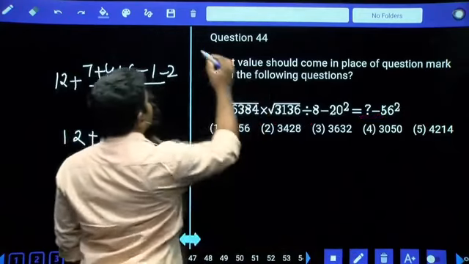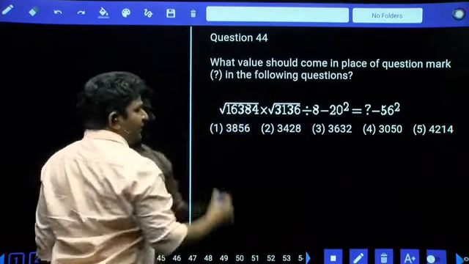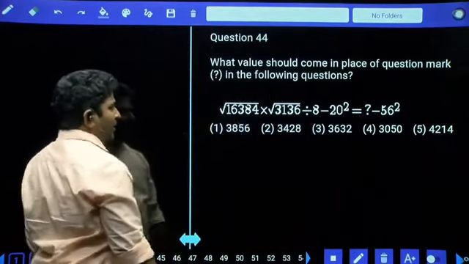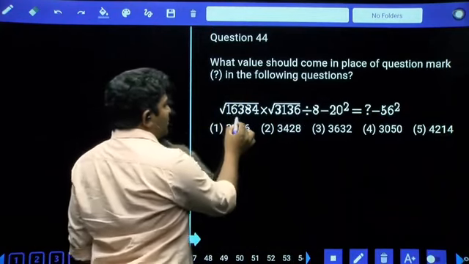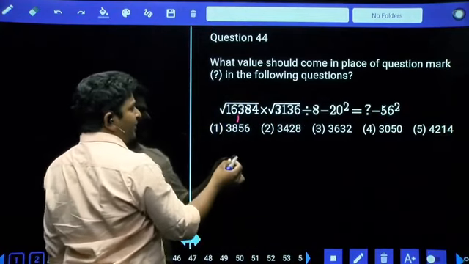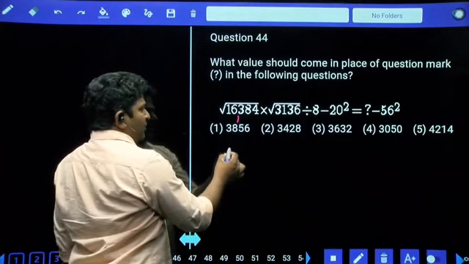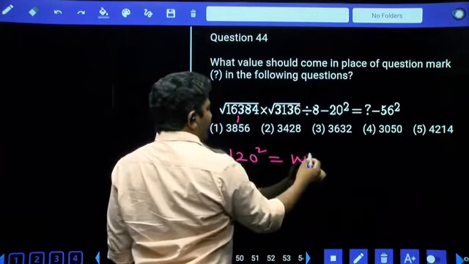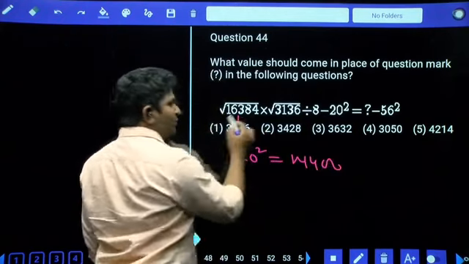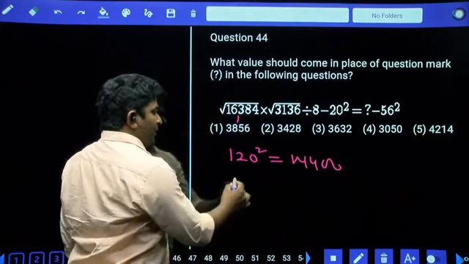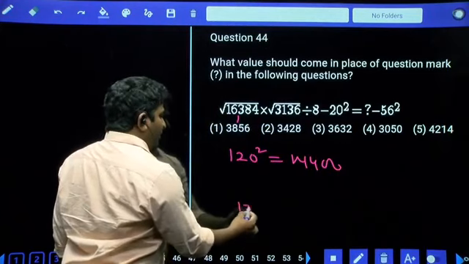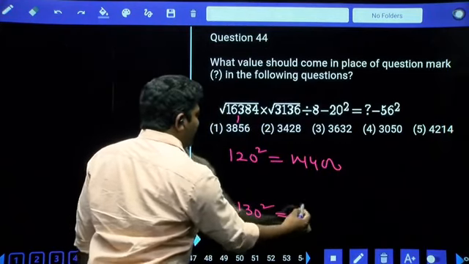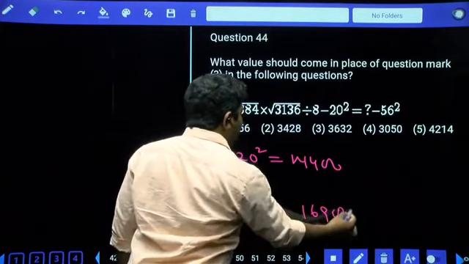Now 16,384 we have here. 120 square is equal to 14400. This is more than that. And then 130 square is equal to 16900.